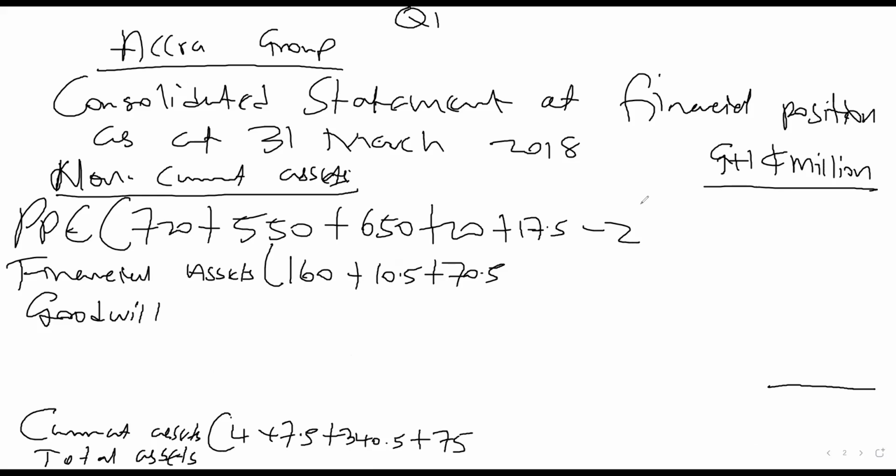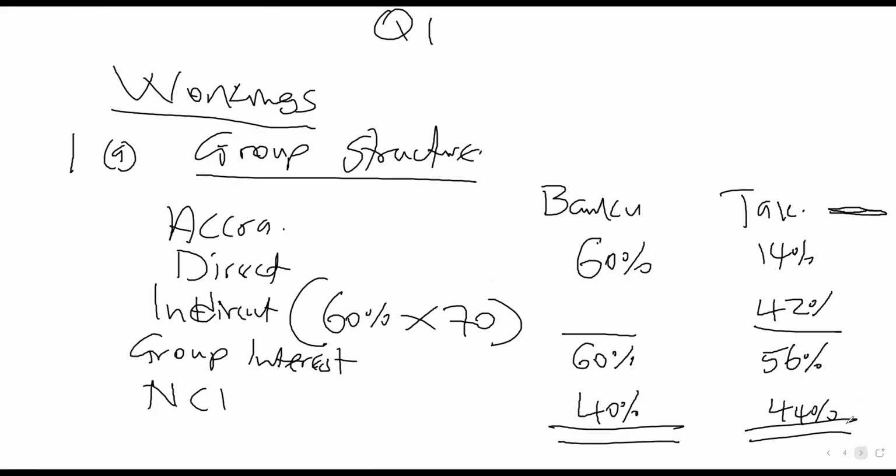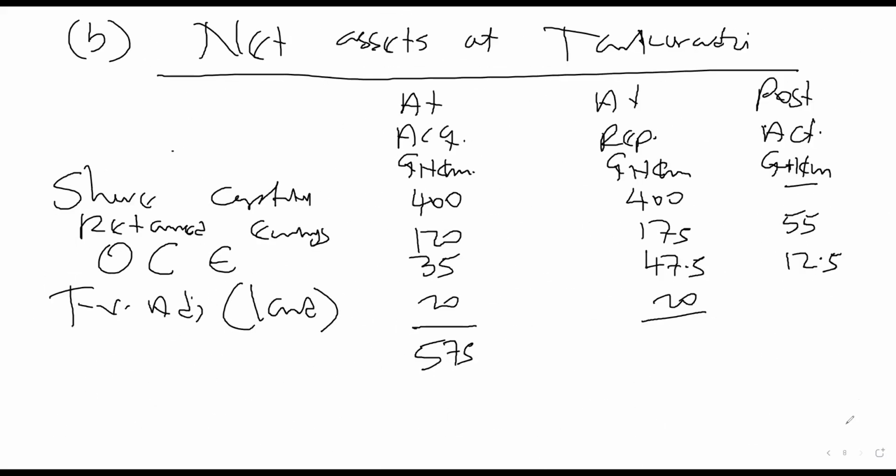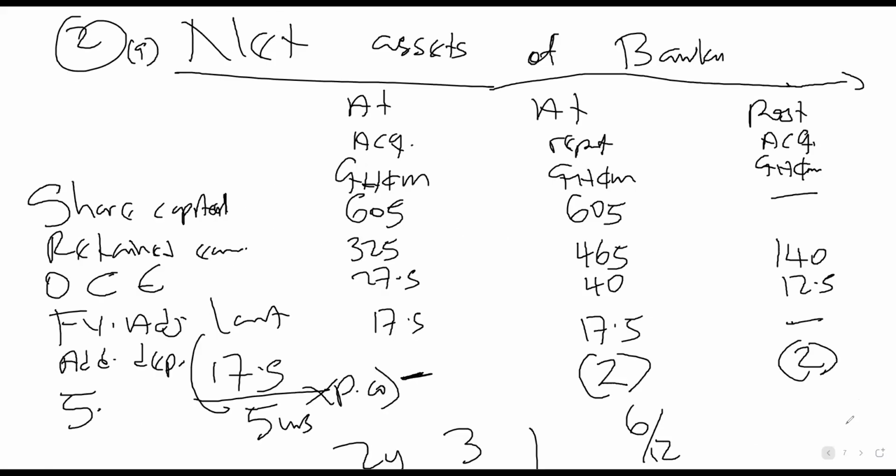What if it was a fair value loss? It was never a gain, it was a loss. Negative like this. The same thing, add it. Good. In that case, the depreciation will be excess depreciation.